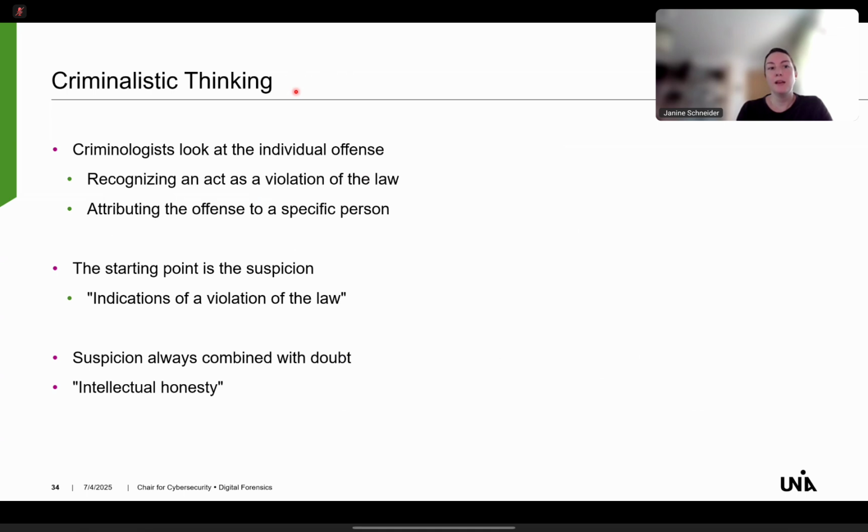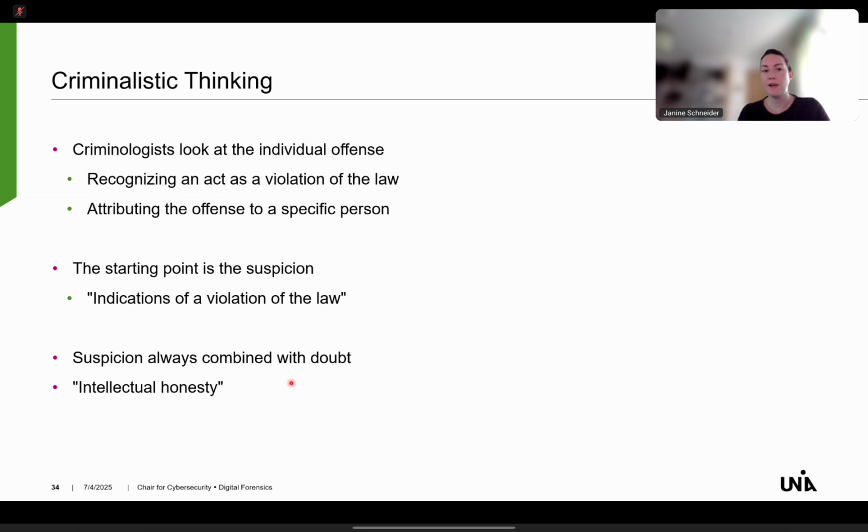What criminologists actually do is they look at the individual offense, recognize acts as a violation of the law and attribute the offense to a specific person. As we already said, the starting point is always a suspicion, so an indication of a violation of a law. And the suspicion should always be combined with some kind of doubt.